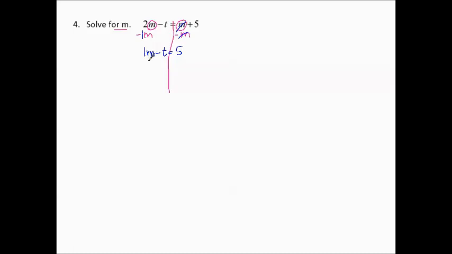Lastly, to get my m by itself, I have a minus t here, so I'm going to add t to both sides. My t's will cancel. And 1 times m, identity property, is just m, equals 5 and t are not like terms. 5 does not have a t, so I cannot add them together. I just simply write 5 plus t.